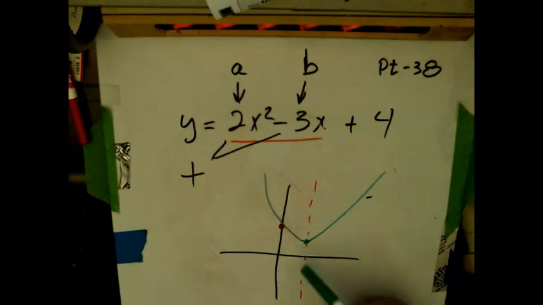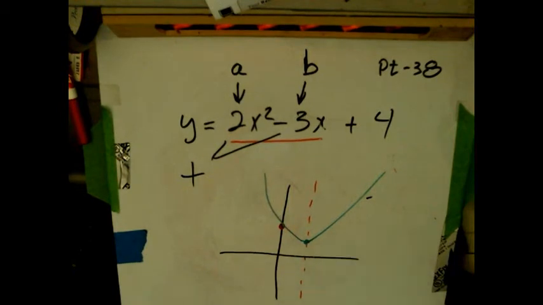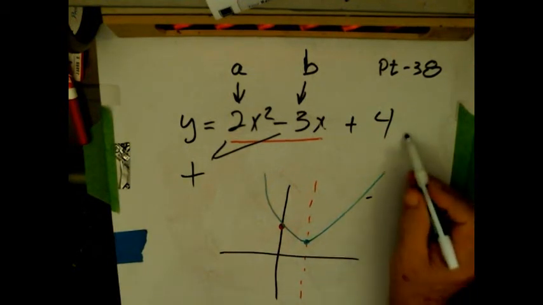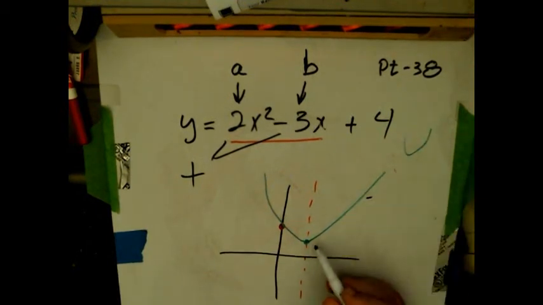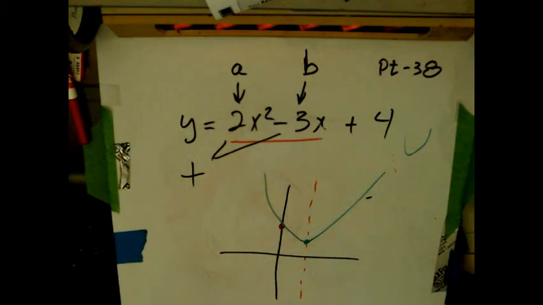They don't want you to specifically know that the vertex is some y value along there. The only thing you need to know for this test is that the vertex is the lowest point on an upward U shape, and so that point has to be below whatever your y-intercept is.